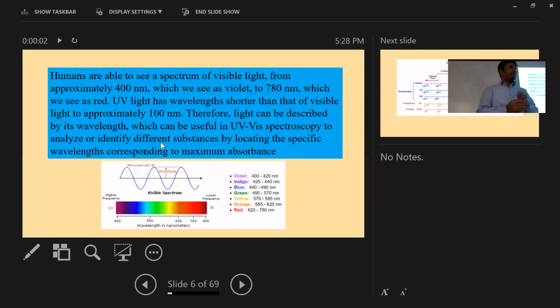What does qualitative analysis mean? Which component is present in a substance, that means presence or absence. And how much you have, that is the quantity. Using this instrument, we can estimate whether different substances are present or absent in your sample, and how much there is. That is very important.